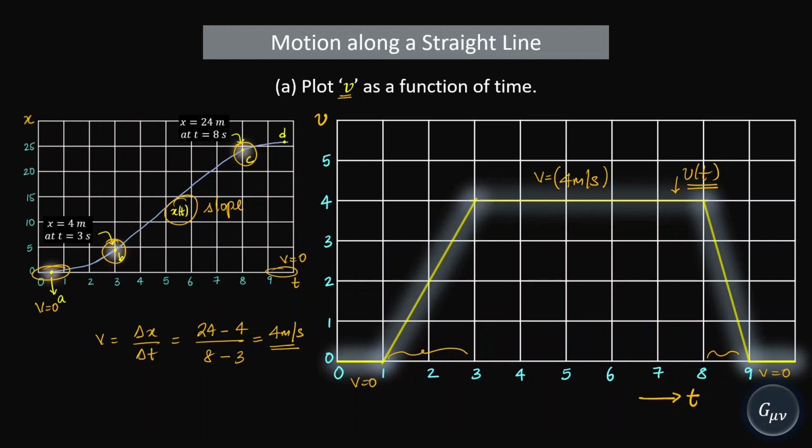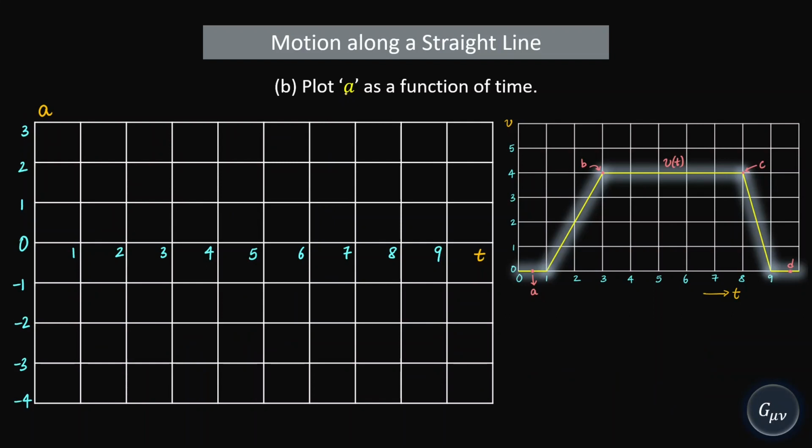Now, using this velocity time plot, we can construct the acceleration time plot. This is what is to be done in part B of the question. So here is the Vt plot repeated again. In the interval 0 to 1 second, the acceleration is 0 because the velocity itself is 0.